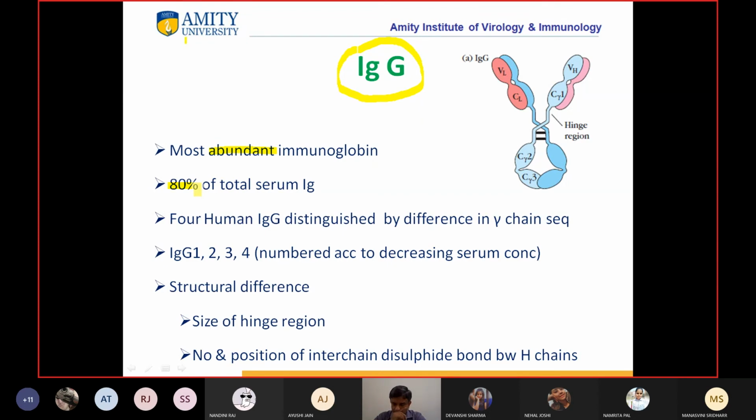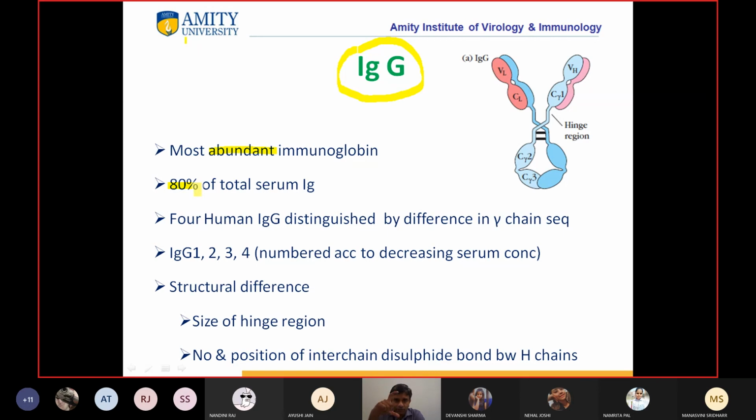So you can just imagine that IgG is present in such large numbers in our body, right? And we also know that there are 4 human immunoglobulin G subclasses, distinguished by differences in the gamma chain sequence. Obviously the gamma chain, or the heavy chain, determines the class of the antibody.